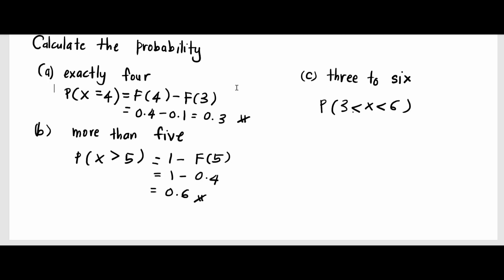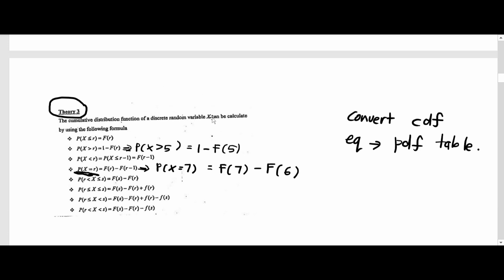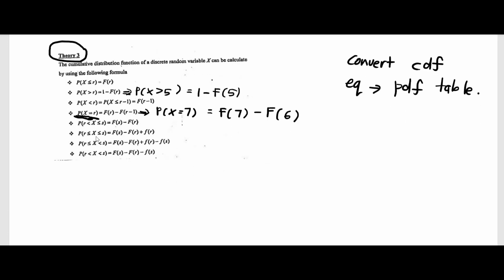The last question is the probability 3 to 6. That means 3 is included and 6 is included. So we refer to our theory tree. When the probability r less than or equal to x less than or equal to s, for example, let's say we want to find the probability between 2 and 4.